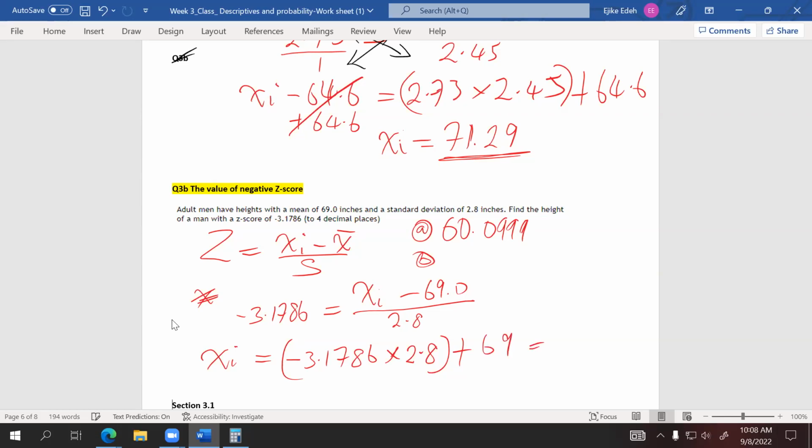And I want to believe that this will give us that answer, 60.0. Okay, any question? So that is just that. Just pay attention to the negative sign and how it affects your results.